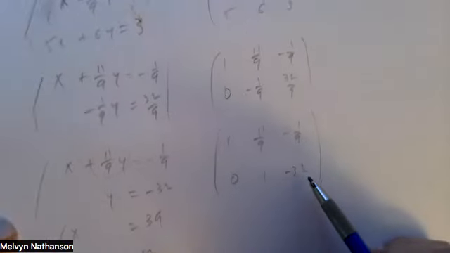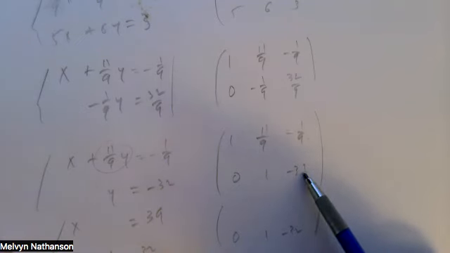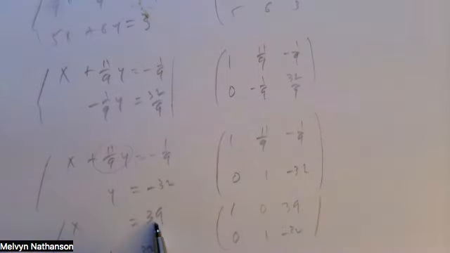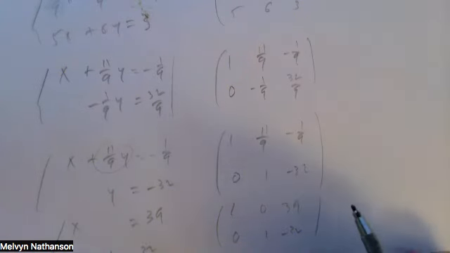And on the augmented matrix side, I have 0, 1, minus 32. I multiply the second row by 11 over 9 and subtract that from the first. I get 1, 0, 39. And again, this system of equations is exactly translated into this augmented matrix. So in both cases, I've solved my equations. This corresponds to the equations x equals 39, y equals minus 32, exactly what we had here.